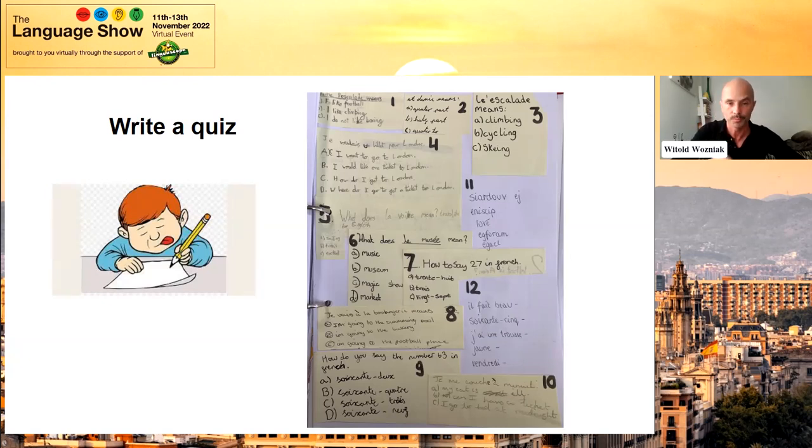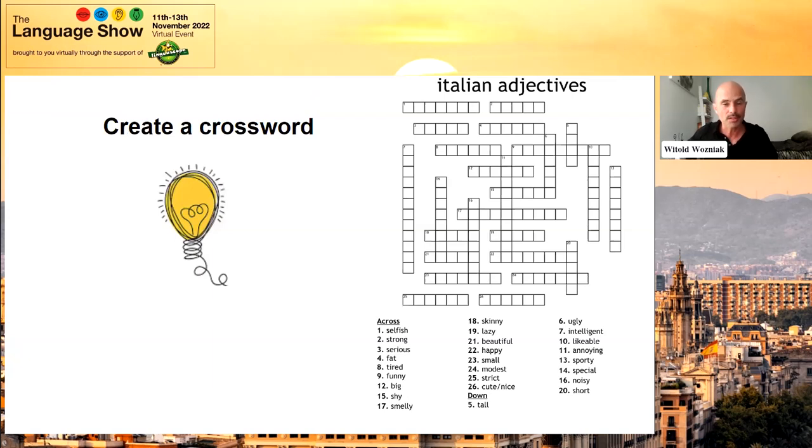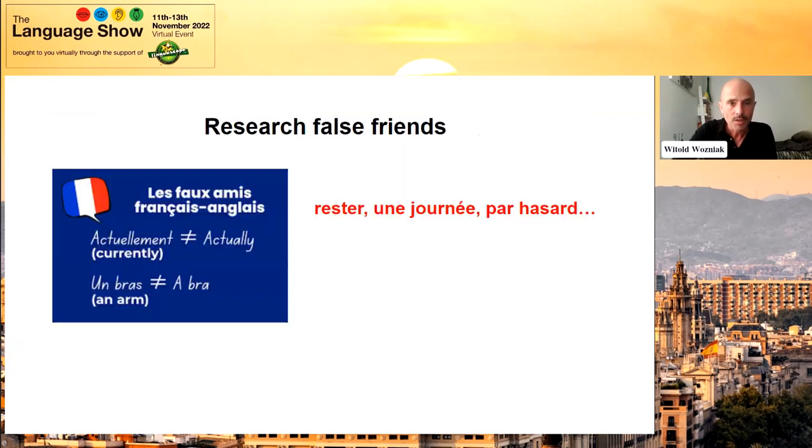Creating a crossword, that can be a little bit tricky, but for more able students, it's a great opportunity, and also to learn how you can create a crossword. Researching false friends, a good idea especially for focusing on some misconceptions, and a good invitation to use dictionaries or reflect, for instance.